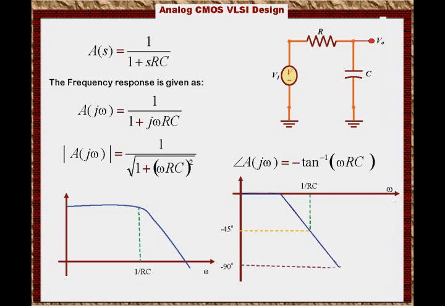So this plot here represents the phase of the transfer function. So it's not only the signal will drop as the frequency increases, but also the phase will shift toward 90 degrees as the frequency increases.